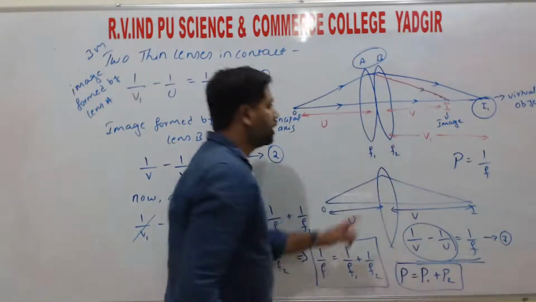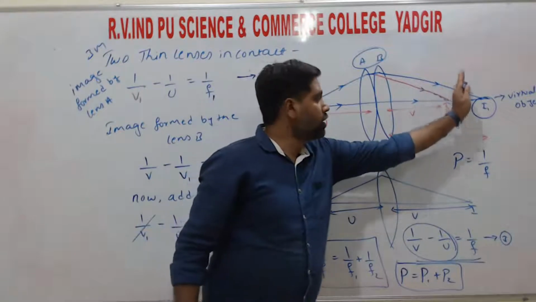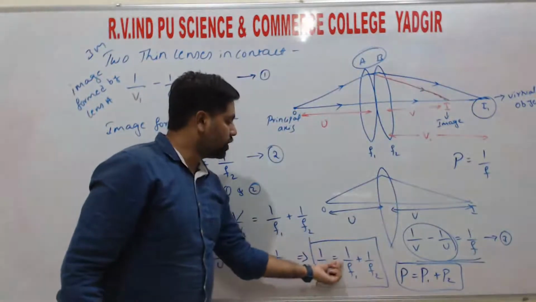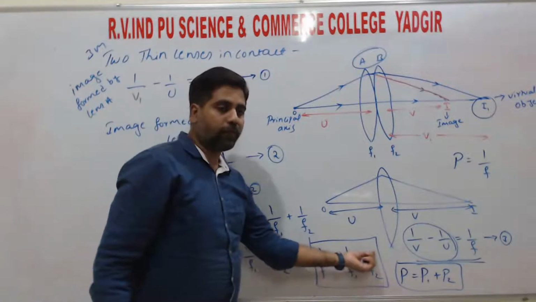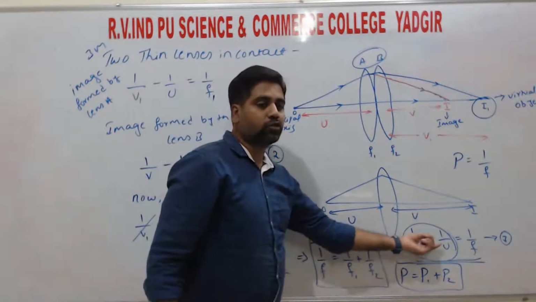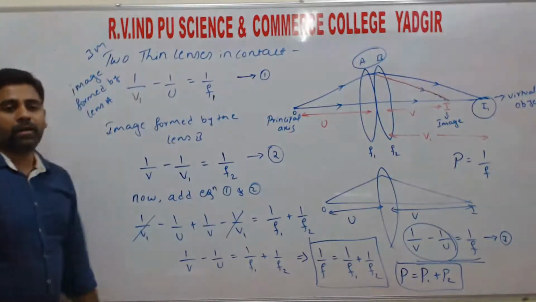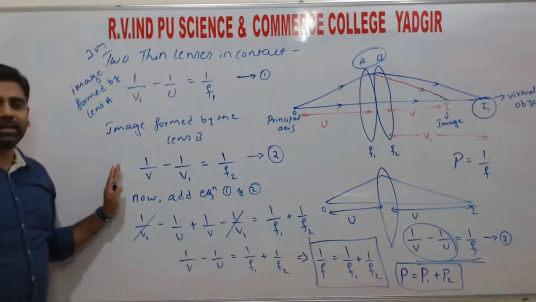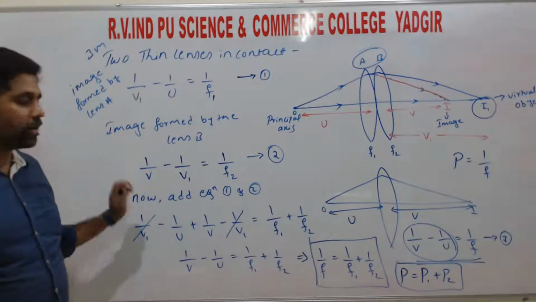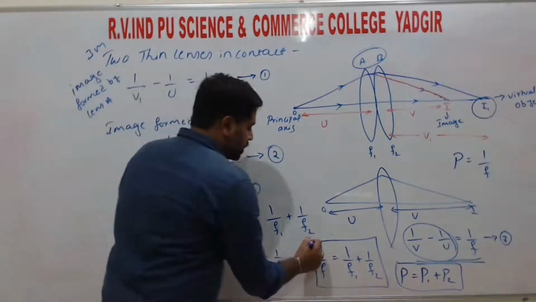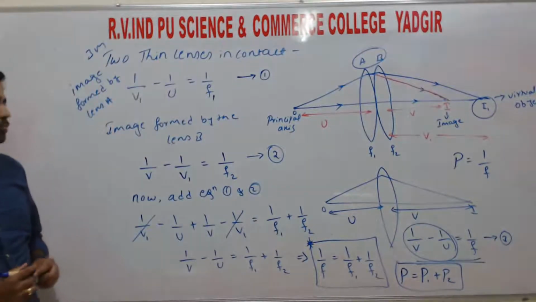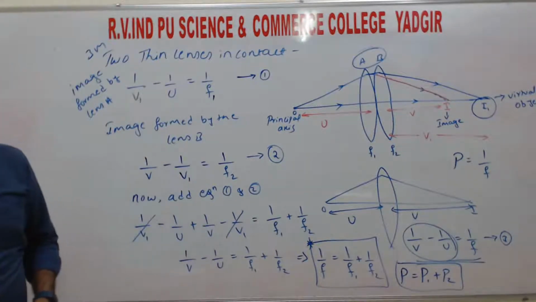If we have any number of lenses joined with these two lenses, then we can write 1/F equals 1/F1 plus 1/F2 plus 1/F3 and so on up to 1/Fn. So this is about two thin lenses in contact. This relation is very important. Next topic.